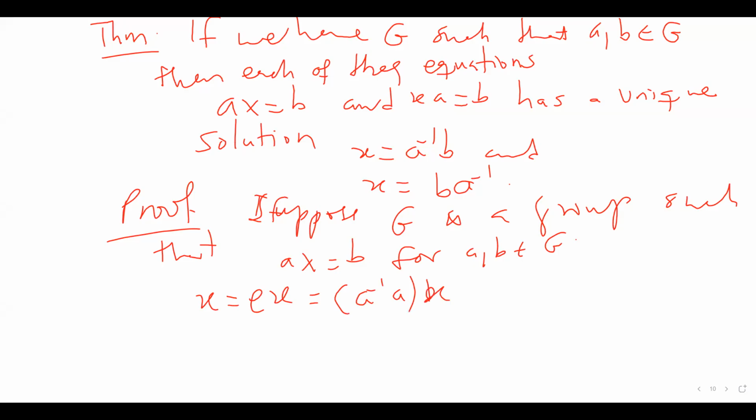And then we can write its associative property as that. Then we know that AX is equal to nothing but B. So this gives us A inverse of B. Okay, so we have shown that X is equal to A inverse of B, which is the first one. The second part, of course, you follow the similar trajectory and you are going to get the second part correct. So that's just a little bit of introduction to groups.